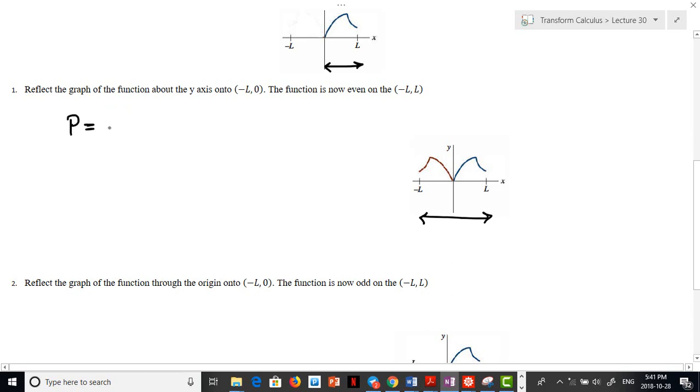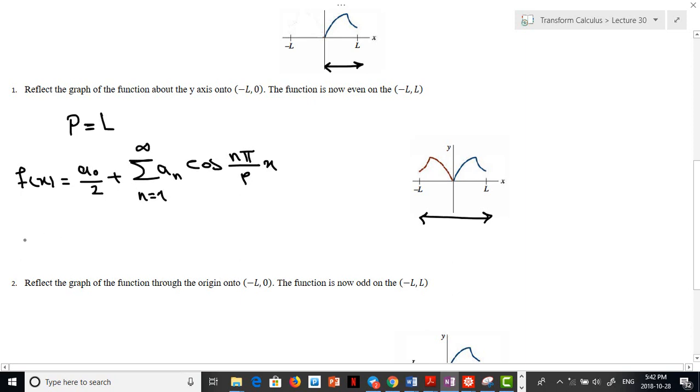So in this case, p is equal to L, and because the function is even, we have a0 divided by 2 plus summation of an cosine n pi over p x, and n is from 1 to infinity. It's the Fourier series of an even function, or cosine series.